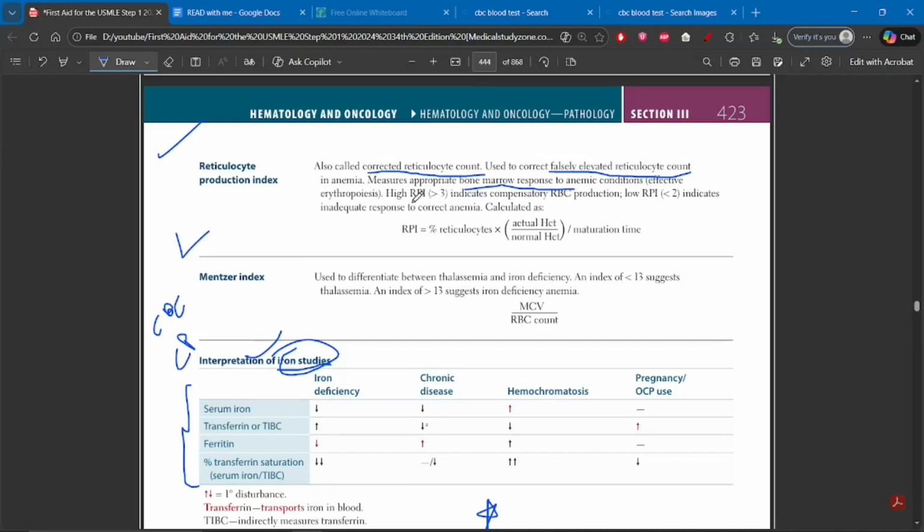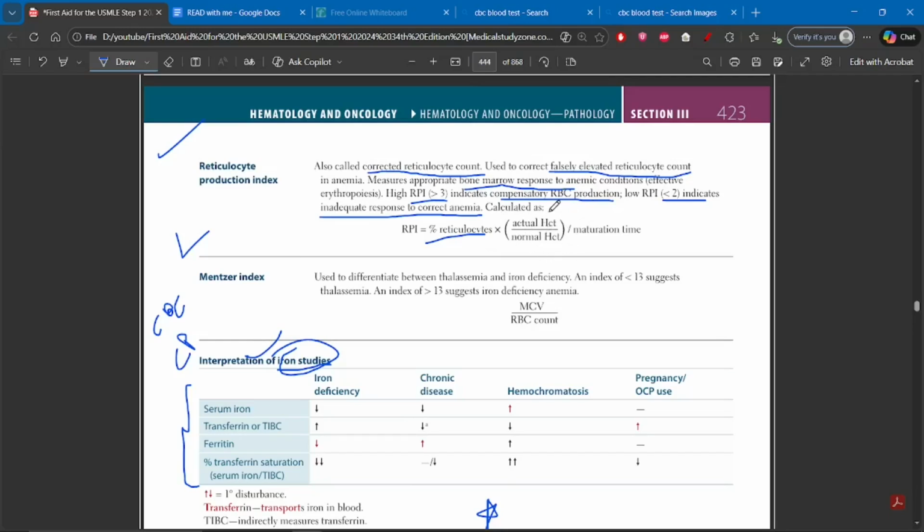High RPI, which is greater than 3, indicates compensatory RBC production. Low RPI, which is lesser than 2, indicates inadequate response to correct anemia. It is calculated as the percent reticulocytes given in the question multiplied by the actual hematocrit divided by the normal hematocrit.